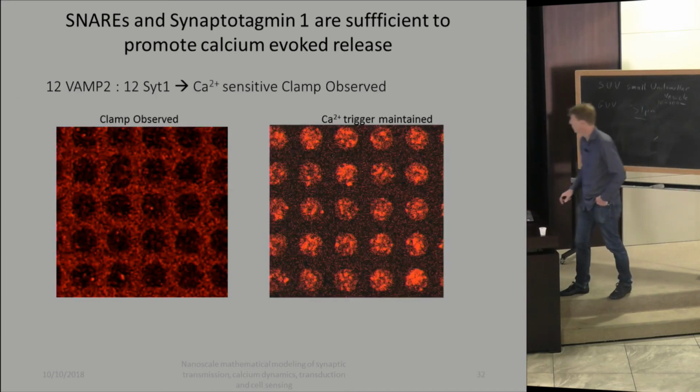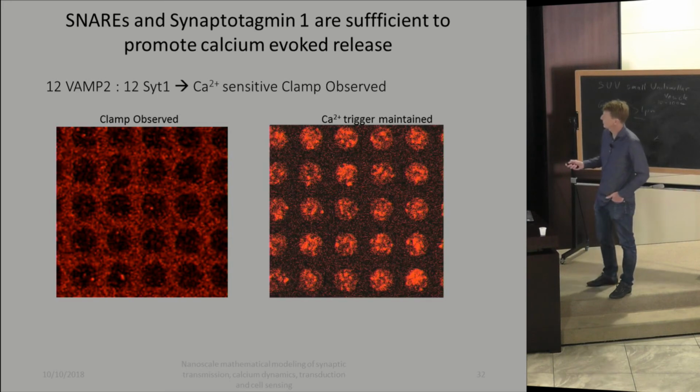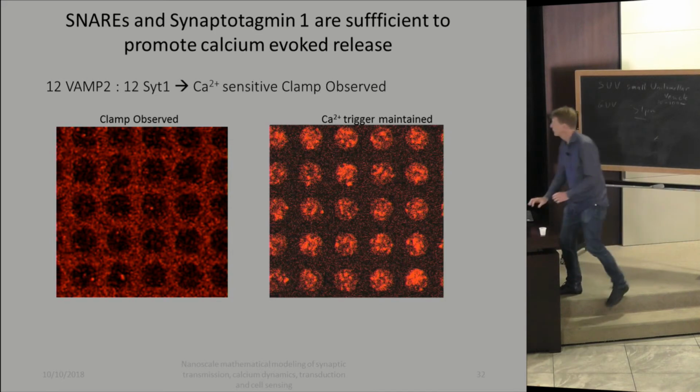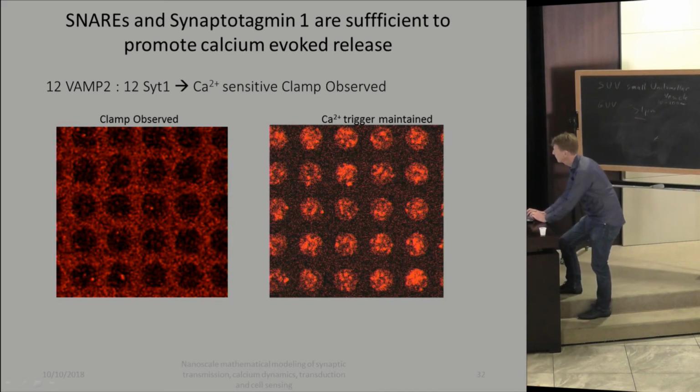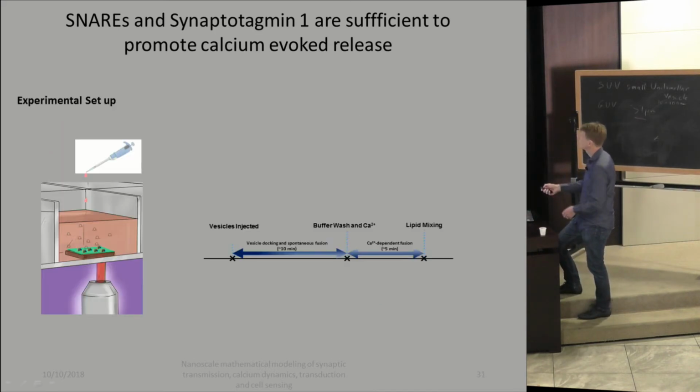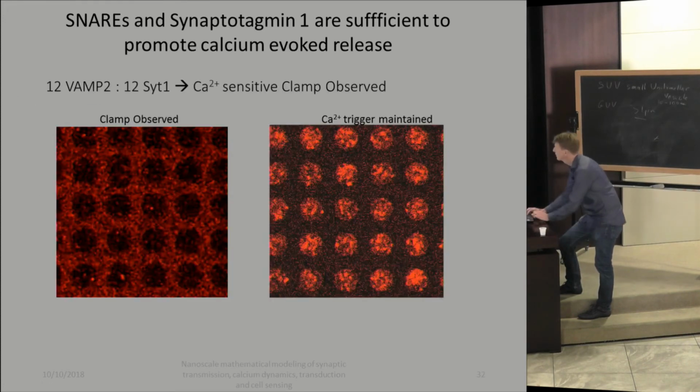What does it look like? I hope this will work. These are vesicles that have, on average, 12 VAMP, which is the V-snare, and 12 synaptotagmin. Before we put the calcium, this is the type of movie we see.